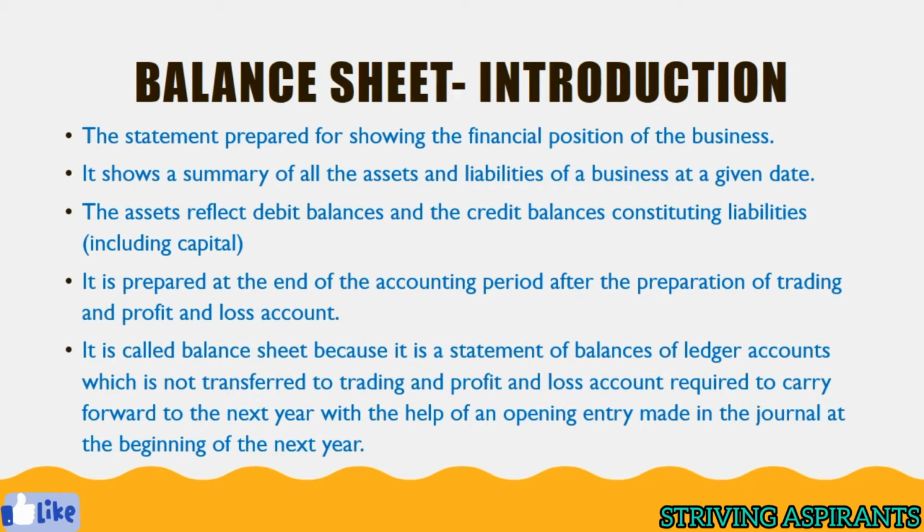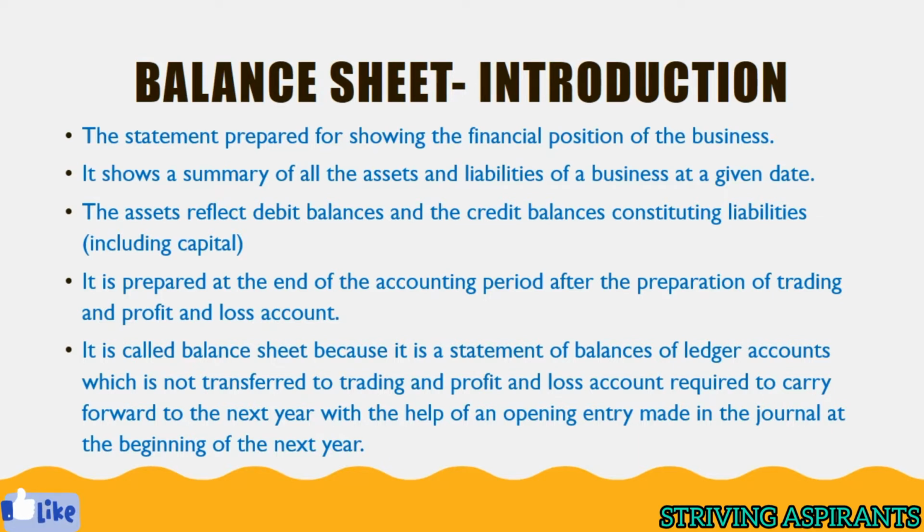After that, we have summarized all the ledger accounts and prepared the trial balance. Finally, the preparation of financial statements, which constitutes the profit and loss account and the balance sheet.